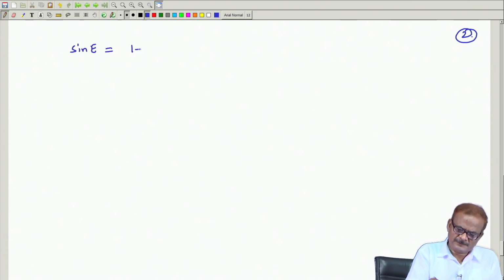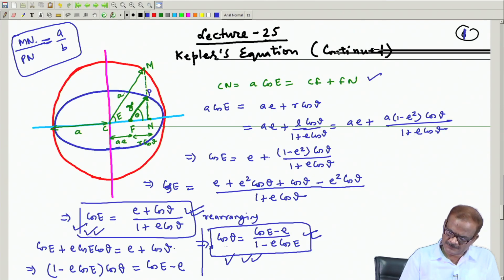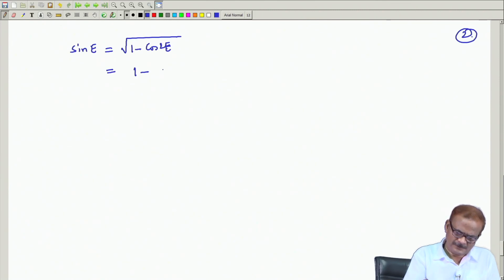Sin E can be written as the square root of 1 minus cos square E. This is the reason I have not taken it earlier in the conic section, because discussing it at the time when we need it is much better.